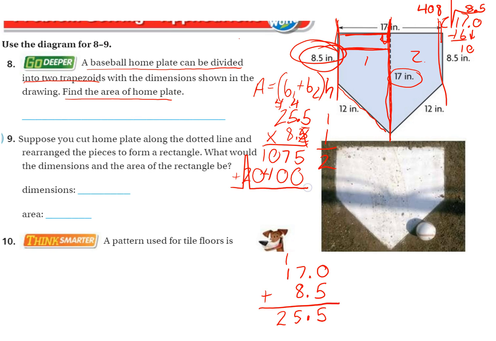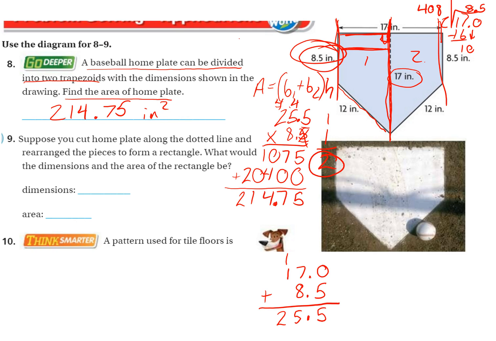Add that all up. 5, 7, 4, 1, 2. Got to move my decimal over 2 places. So 214.75 inches squared.